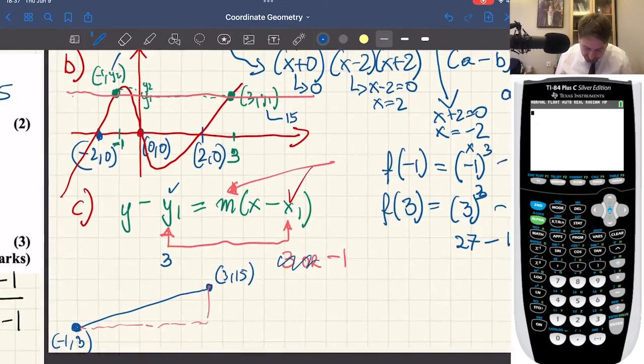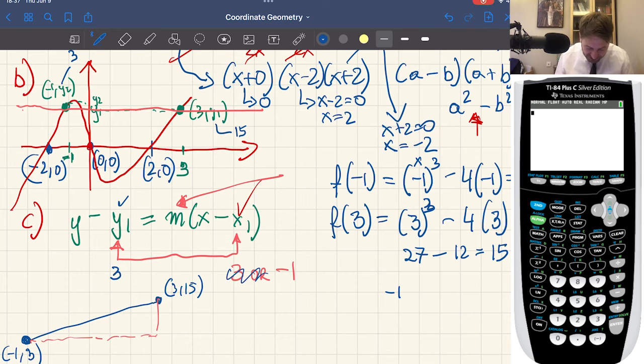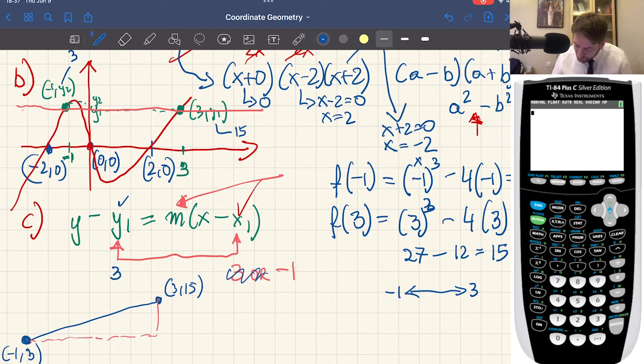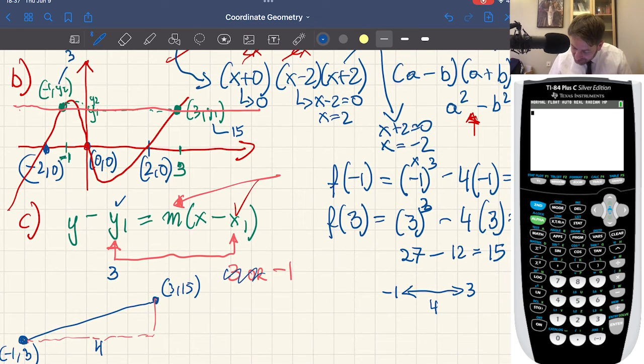What is the distance between -1 and 3 on the x-axis? Well, clearly this is 4 units. And what is the distance on the y-axis between 3 and 15? Well, that's obviously 12. Therefore, my gradient is 12 divided by 4, which is 3.